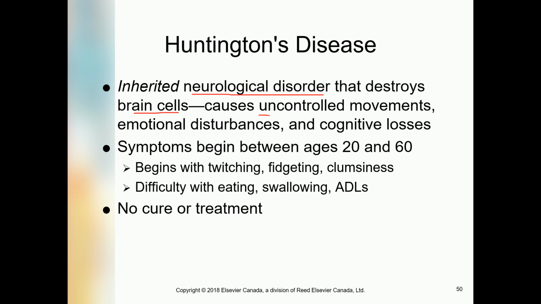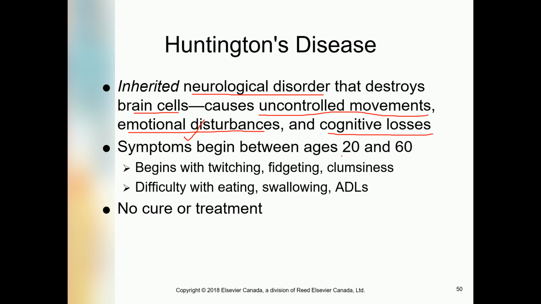When people have Huntington's disease, their movement, their balance is impaired, their movement is uncontrolled. Emotional disturbances. People are emotionally disturbed, meaning all the time they are in a mood, they are angry, they are mad at you sometimes, and there is cognitive loss. They cannot make a good decision. They cannot make a good judgment.